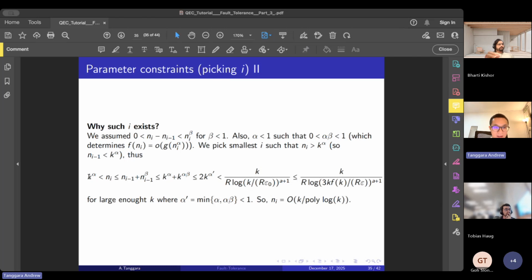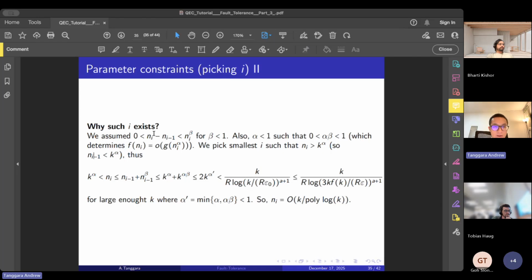Because we're picking the smallest i such that n_i is greater than k to the alpha, that means this is true from this, because this is the smallest i such that this inequality holds.